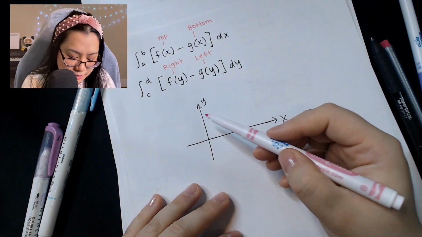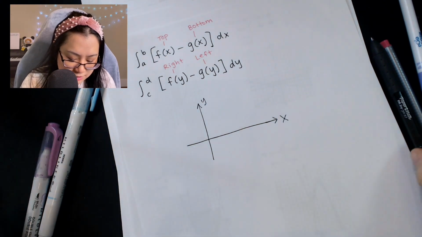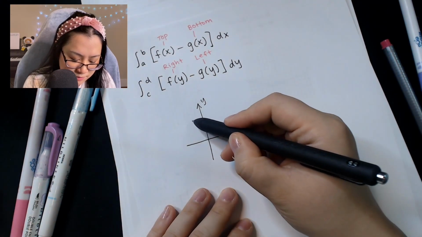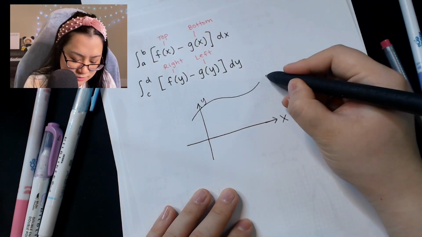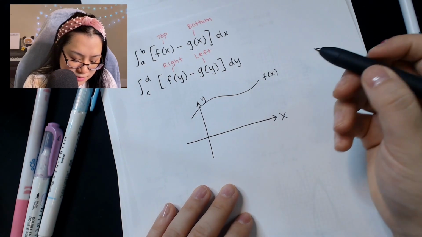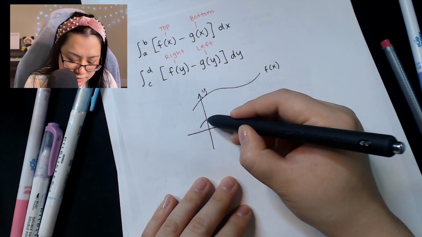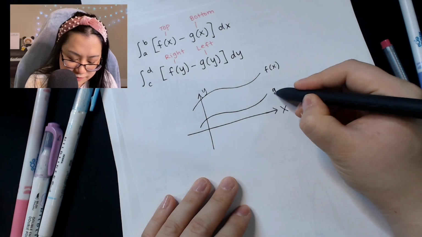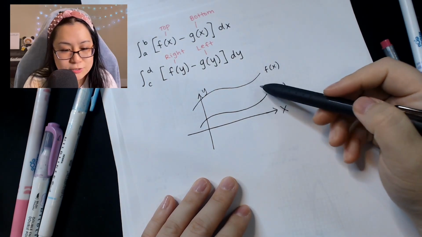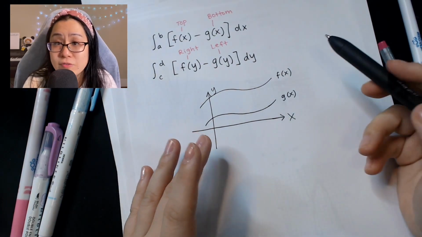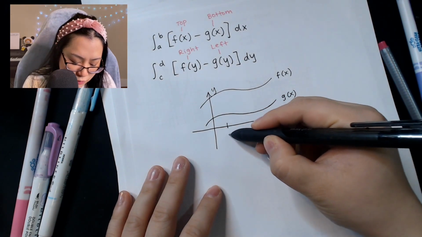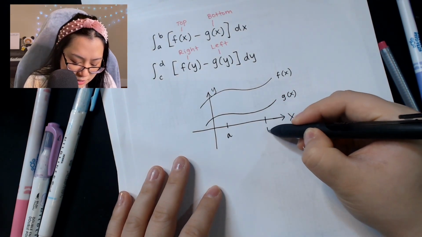So let's say I have something like this, okay? And then how about just something like this, g of x? So you can see that these two functions are both above the x-axis over the interval from a to b.